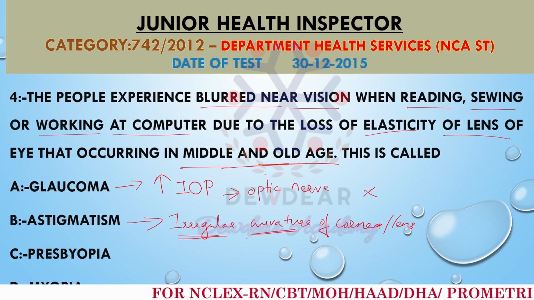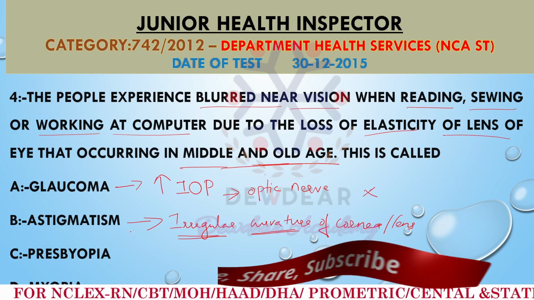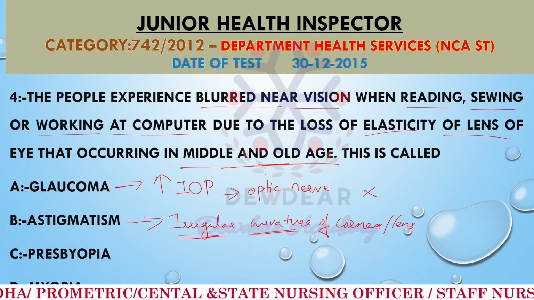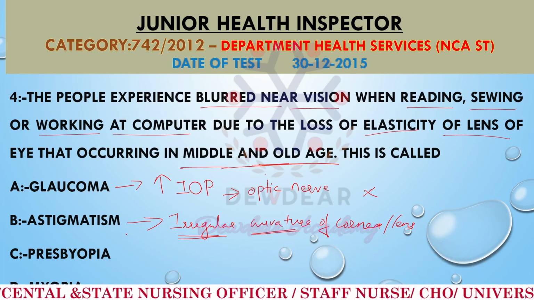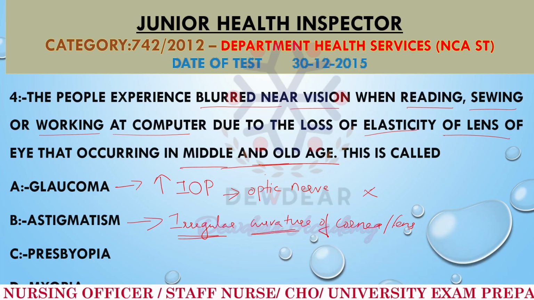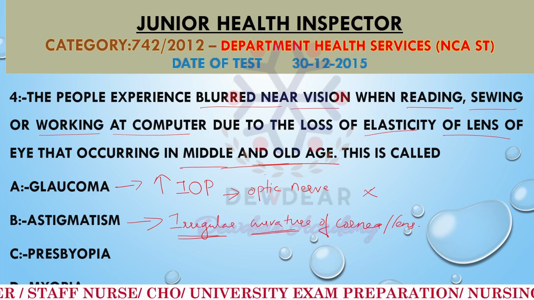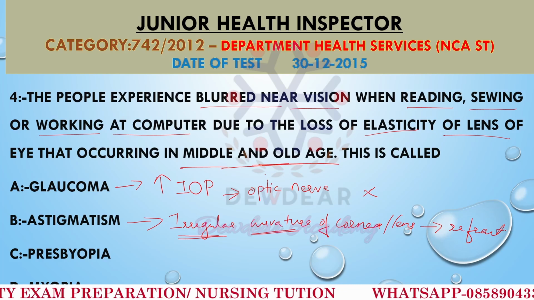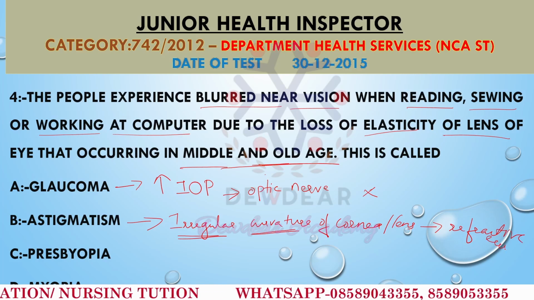So that is not specific to near vision, and it is not associated with aging. So we cannot consider this as a correct answer. Astigmatism is considered a refractive error.